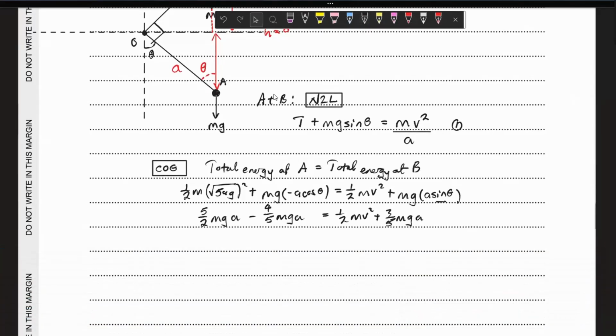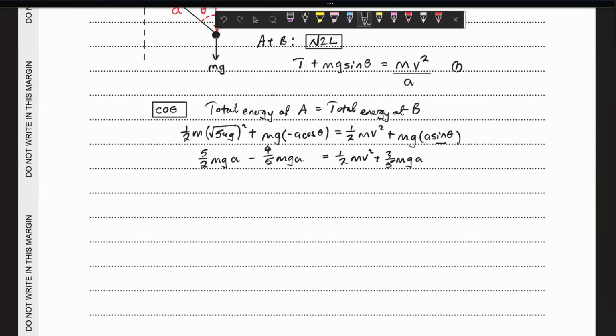Okay, let's carry on. So we are saying we can make half mv squared the subject, so that we'll be having 5 over 2 mga minus 4 over 5 mga minus 3 over 5 mga.